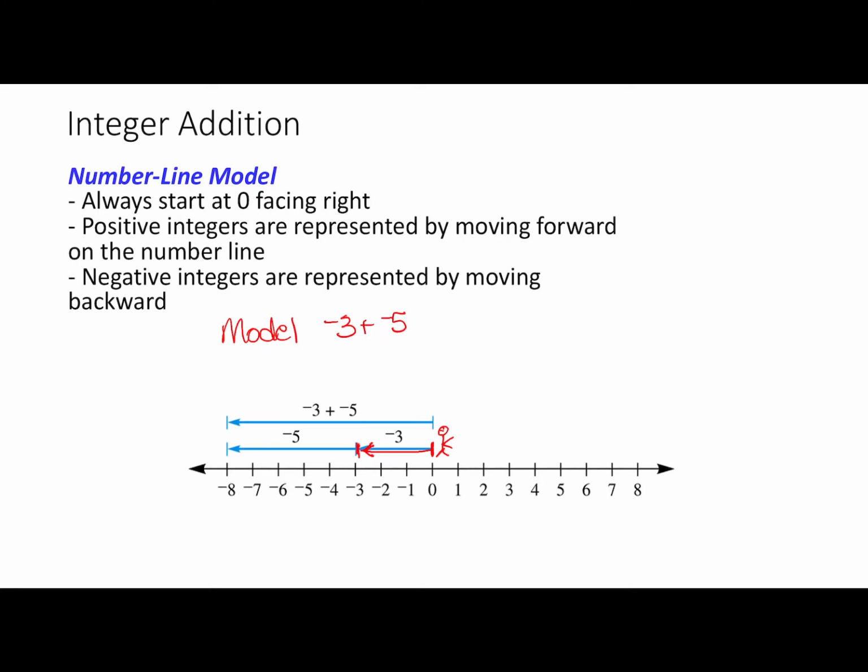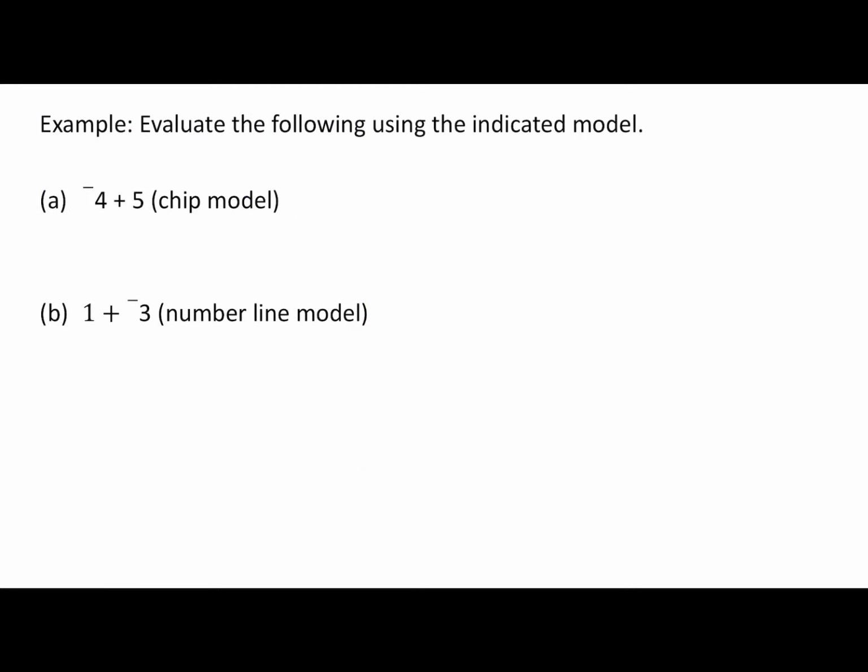And then I'm going to add negative 5. Negative 5 also means move backwards 5 units. So I'm going to go to the left 5 units. And where I end is my answer. So the answer is negative 3 plus negative 5 equals negative 8.